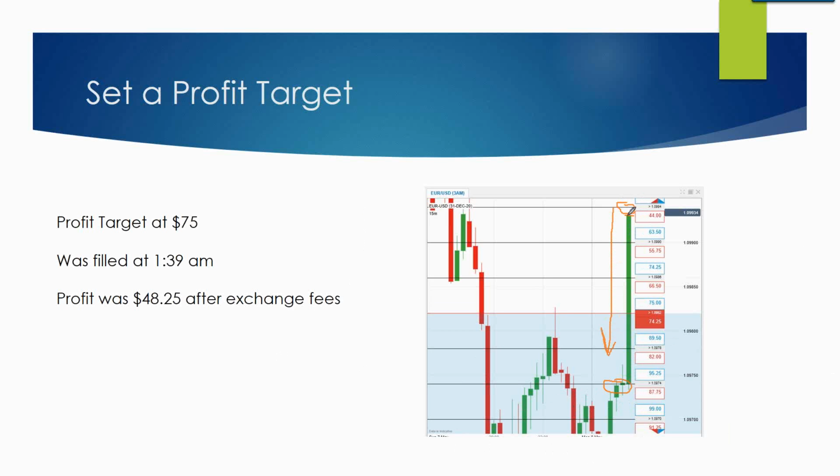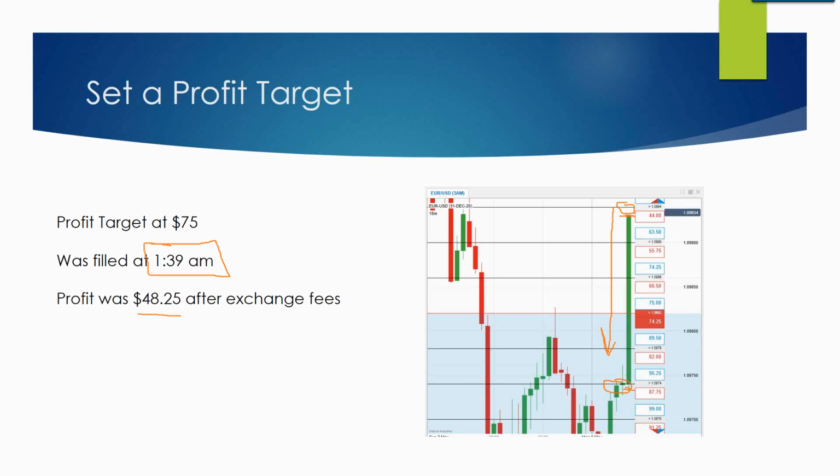Now, the wide bar is actually this bar right here, and you're looking at low to high, okay? This occurred, I think, within 25 minutes of me entering the trade. My profit target was filled at 1:39 a.m. and I was able to capture $48.25 per contract after the exchange fee was paid.